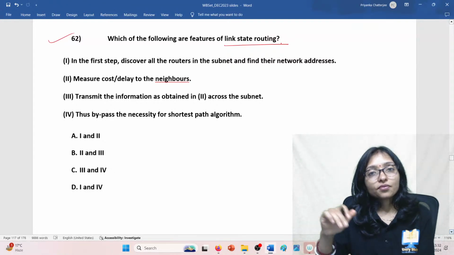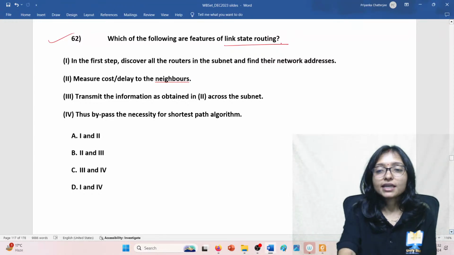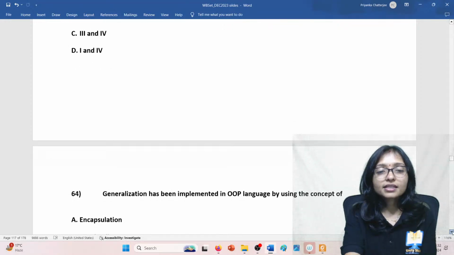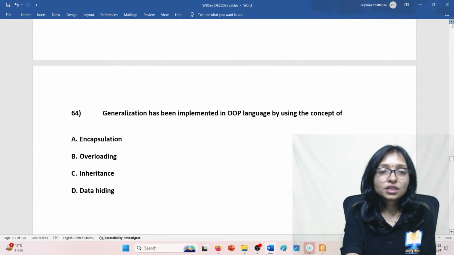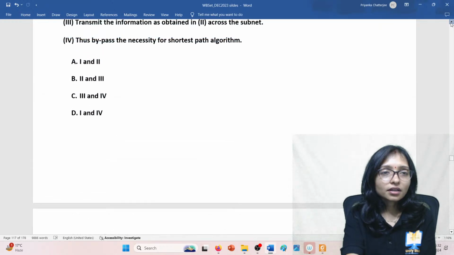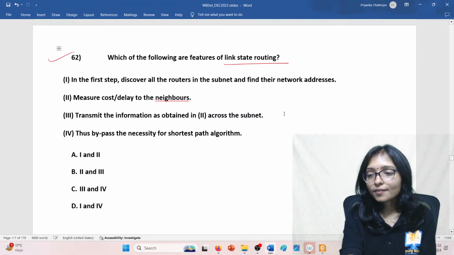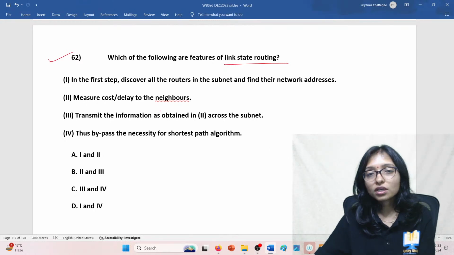Routing algorithms, the difference between all the routing algorithms, which one is coming under which algorithm. Yes, answers are coming. Very good. Here you can see link state routing, where the answer should be option D actually. Which one is the feature of link state routing?